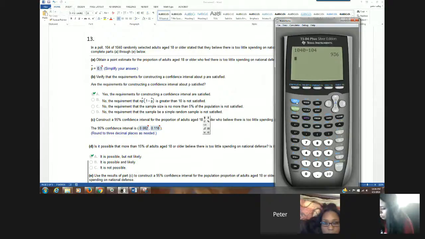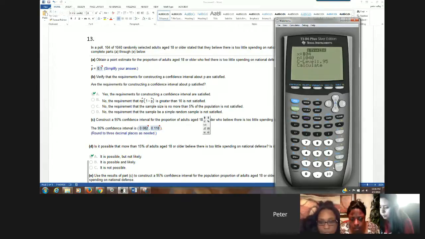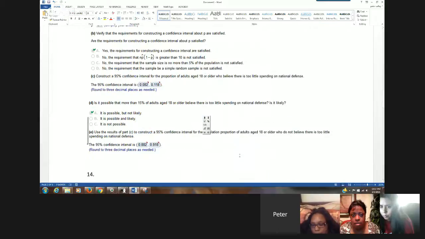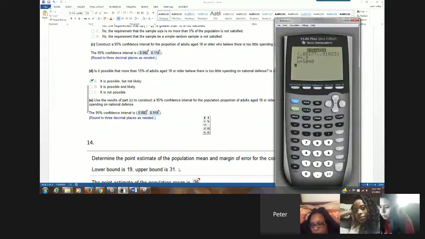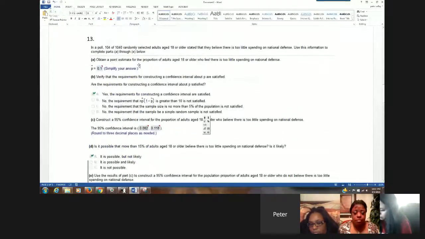So if I go right back to where I was, the 1 prop Z interval, and do the 936, and I think it's still 95%. We'll double check this. Anyway, that's all they're saying. They put this word not in there, and so you're supposed to go back and change it from the 104 to the other people that said no, whereas the 104 said yes.